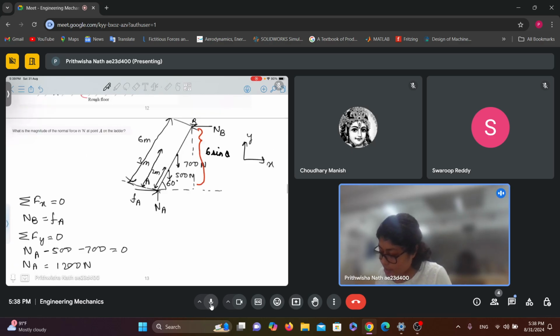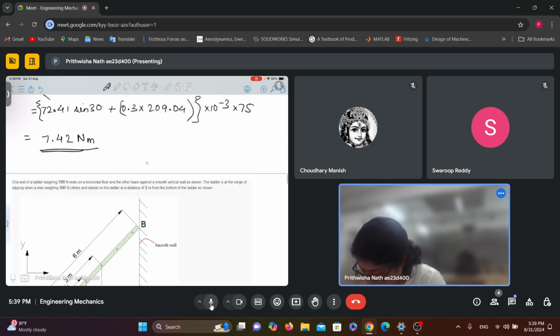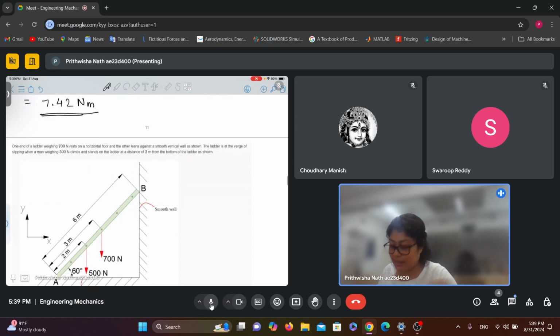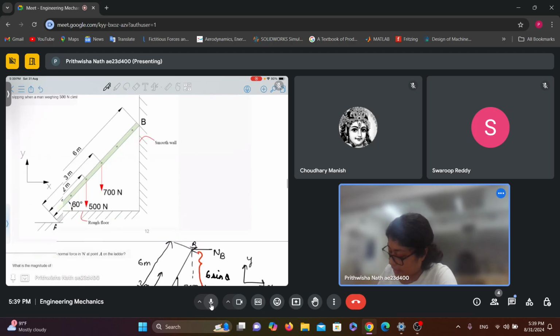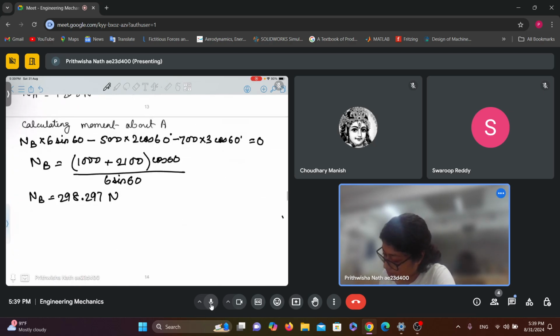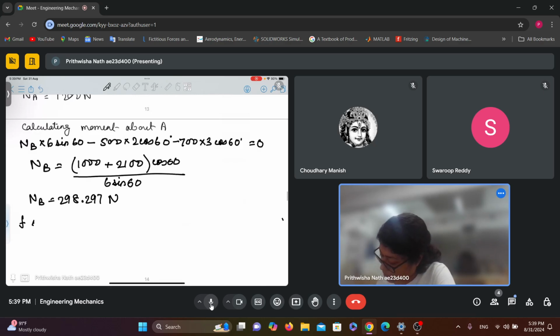Now since it is mentioned in the problem that the ladder is at the verge of slipping, I can write friction as mu s into NB, right? Sorry, NA, it should be NA, not NB.